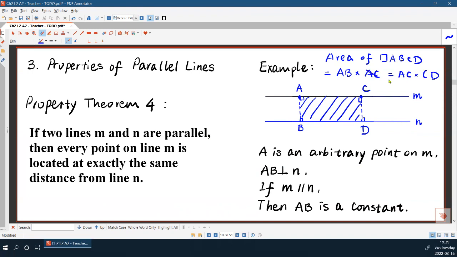If we cancel AC from both sides, apparently AB equals CD. Remember that A is an arbitrary point, and C is also an arbitrary point. That means for an arbitrary point on line M, the distance from this point to line N is a constant. This is how we can illustrate it. The fourth property is also a correct statement. Therefore, we also call it property theorem 4.